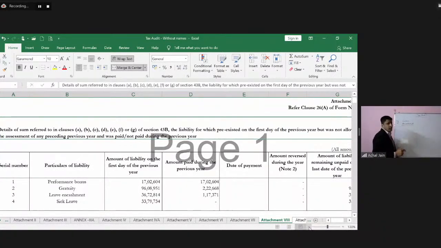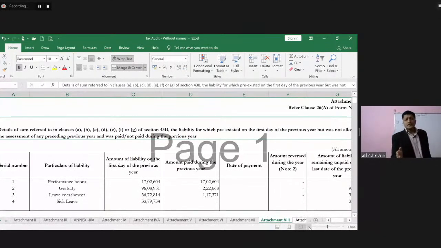Now this is a matter to be reported under section 43B, which gets captured over here. Now if this leave encashment was appearing as payable on the first day of the previous year, then it will be recorded in this clause, means under A. Okay.